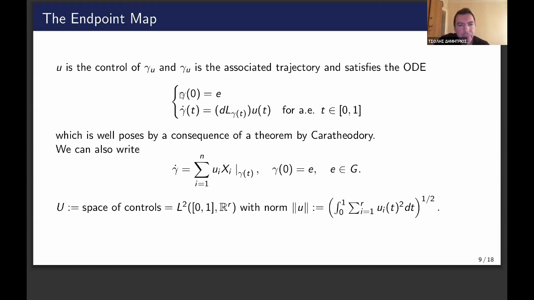And this ODE here, this is a differential equation, by a theorem by Carathéodory we know that this ODE is well posed, and yes, there should be a d here, not an s. This is a well posed problem.